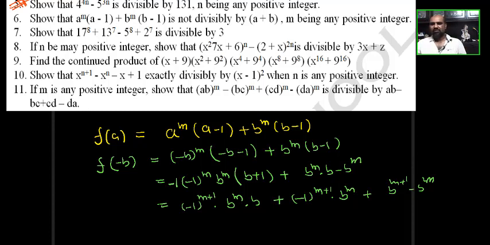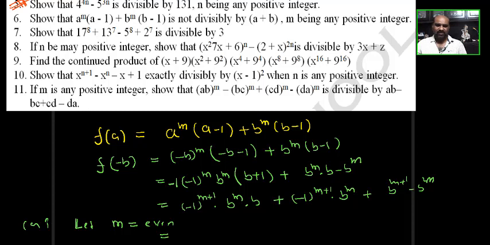Now we want to prove that this is not divisible by a plus b, means it is enough to prove that f of minus b is not equal to 0. Here m is a positive integer. Here two cases will arise. Let m be even first. Case 1.